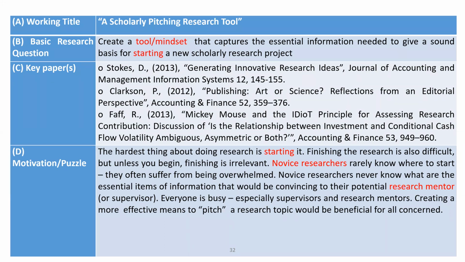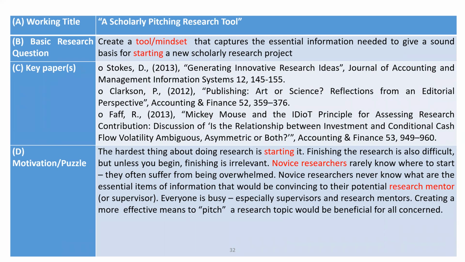The second paper is a paper by Peter Clarkson at the University of Queensland, publishing Art or Science, Reflections from an Editorial Perspective, published in Accounting and Finance. Now, what Pete does in this paper is bring together his distillation of a whole bunch of themes that he had picked up at the time around being an editor of a fairly prominent journal.